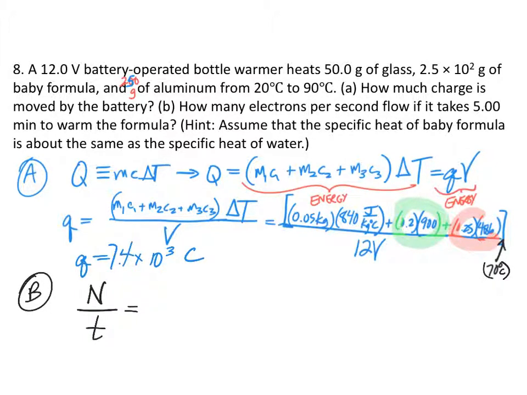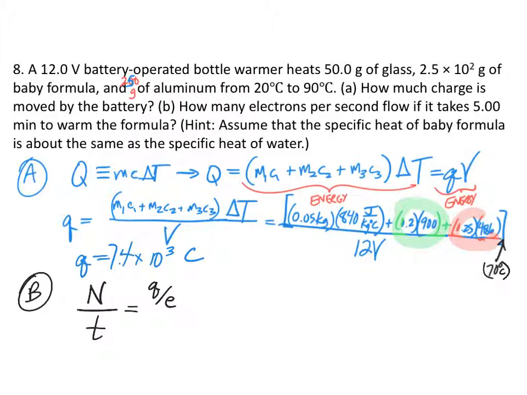Then we have the total charge that we just calculated. And if I want to count the number of electrons, it's that charge divided by the fundamental charge on an electron, or little e, all right?